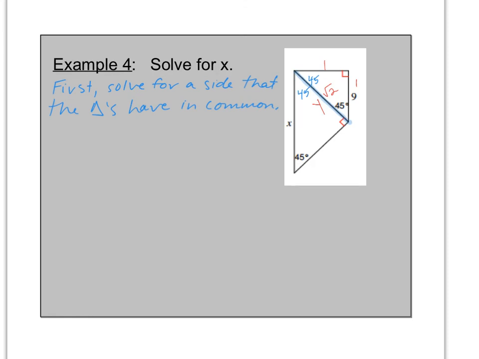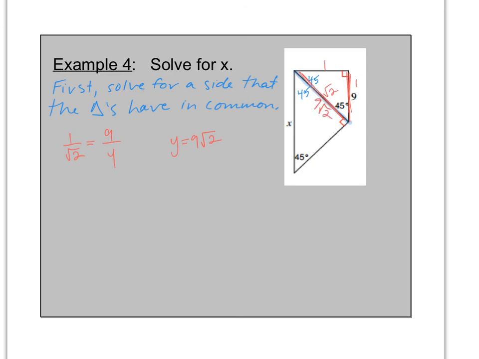So if I'm working with the 9 and this hypotenuse, they have a ratio of 1 to root 2. I know the 9, I want to find y. Cross multiply. Y equals 9 root 2. So basically we just figured out that this side is 9 root 2.